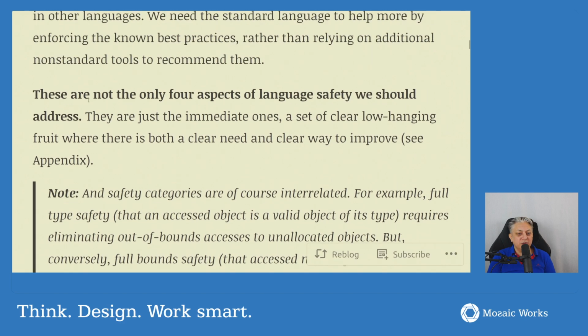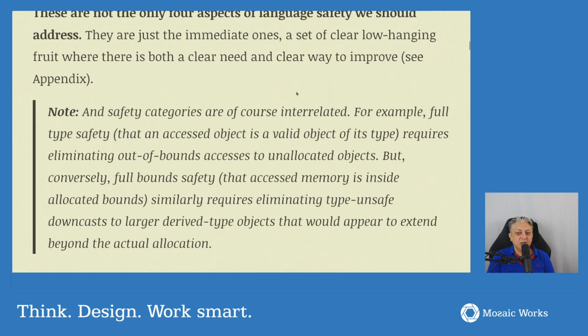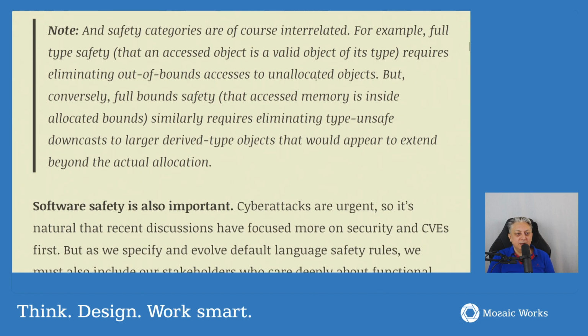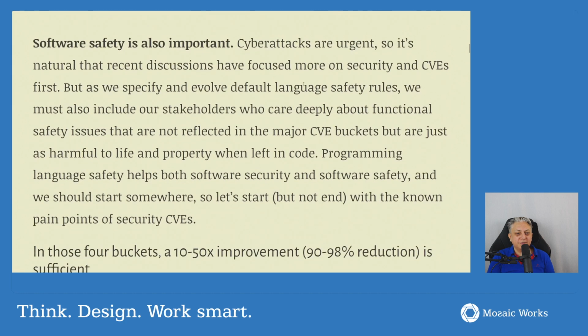So these are not the only 4 aspects of language safety we should address. They are just the immediate ones, a set of clear low-hanging fruit where there is both a clear need and a clear way to improve. Software safety is also important. Cyber attacks are urgent, so it's natural that recent discussions have focused more on security and CVEs first.